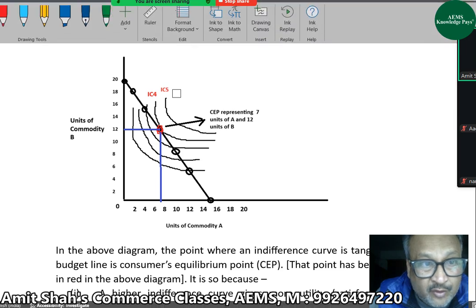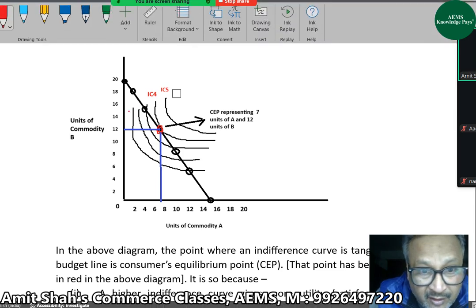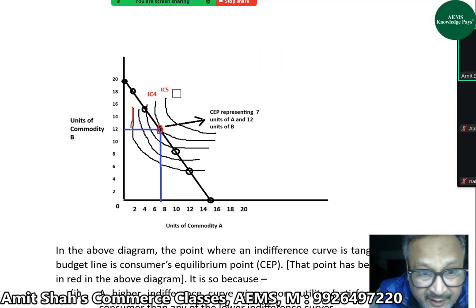For example, if I move on the first indifference curve from here to here, it means I'm losing some units of y to gain some units of x, because I'm moving rightward. You see here we are moving rightward, and the movement is continuous.